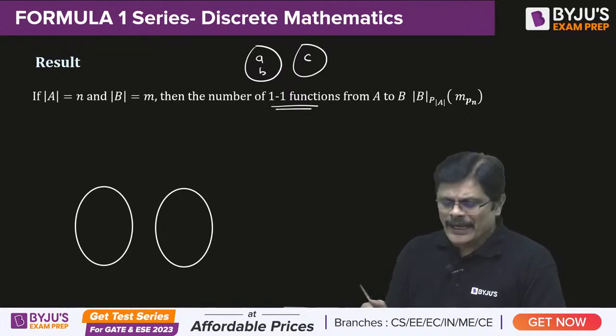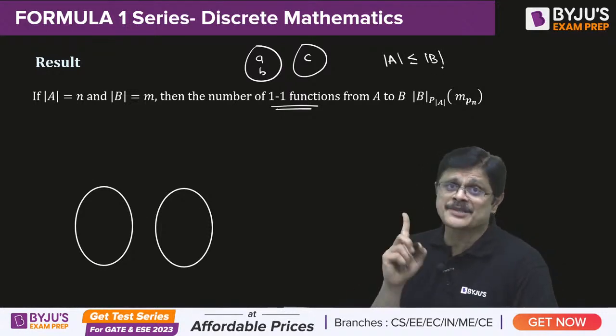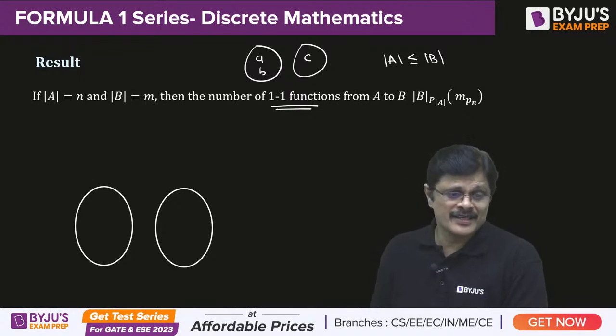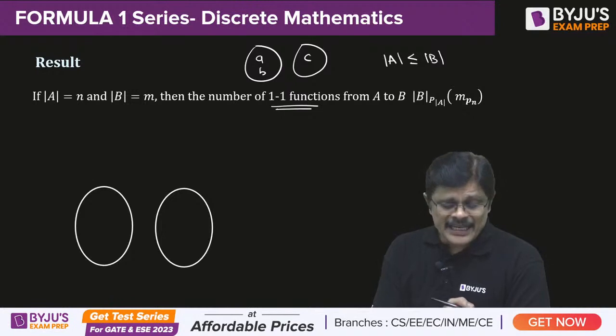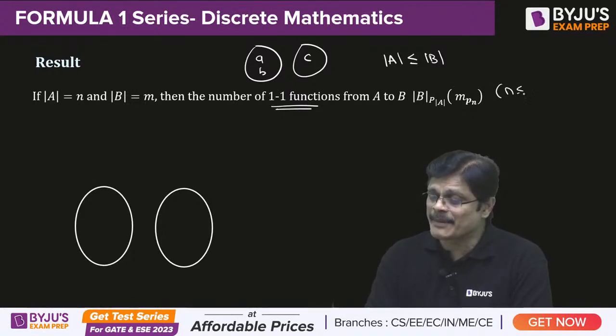No. So the number of elements in A should be either less than or equal to that of B. That condition must be holding. So that condition you should always know, my dear friends. Am I clear? So here, A contains n elements and B contains m elements. Here, n should be less than or equal to m, please remember.